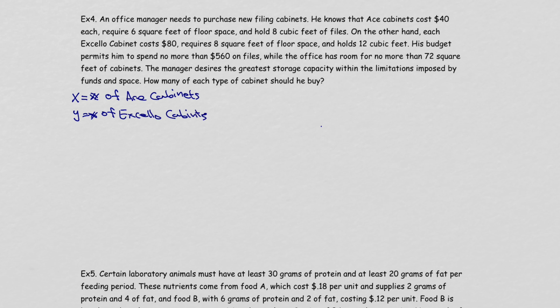The first cabinet price was 40, the second cabinet price was 80, and the budget is 560. So when you multiply the number of cabinets times the price for both and add them up, it should be less than or equal to the budget, right?